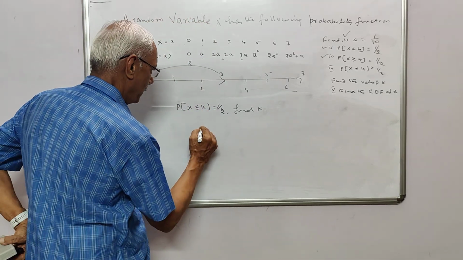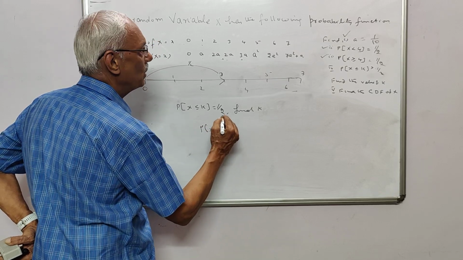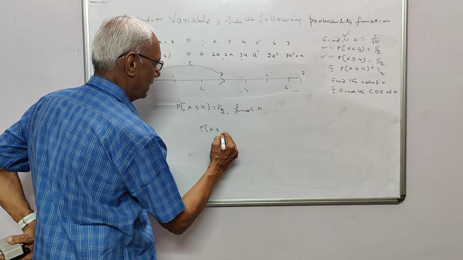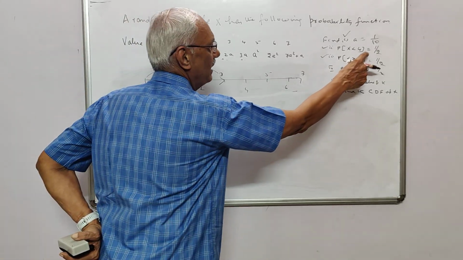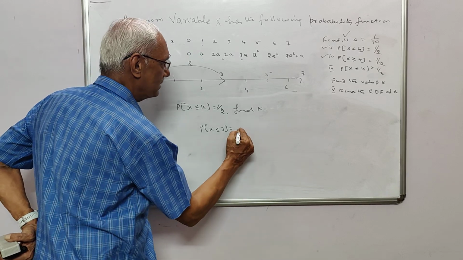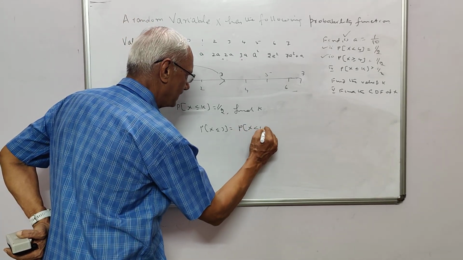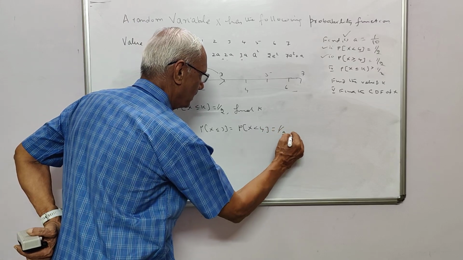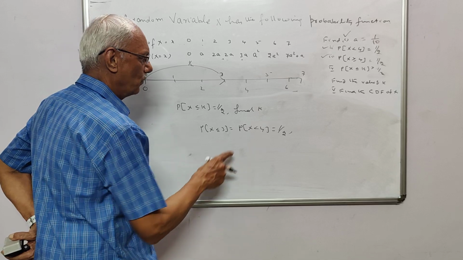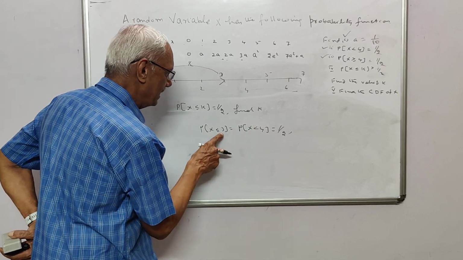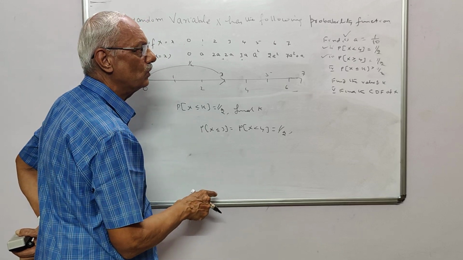Now what is P of x is less than or equal to 3? Can you see this? Less than or equal to 3, or less than 4. So this we have found to be what? This is nothing but P of x less than or equal to 3 is equal to half. So when k is equal to 3, you get it equal to half.